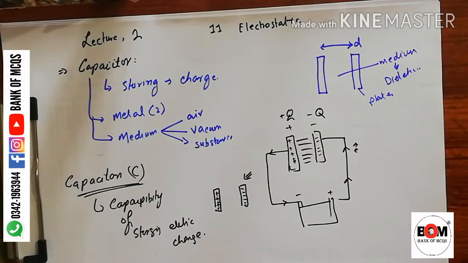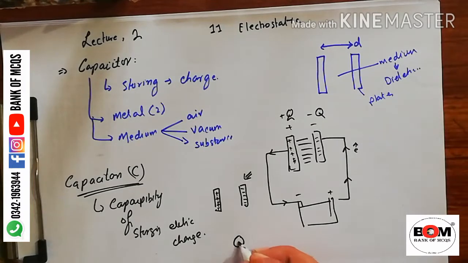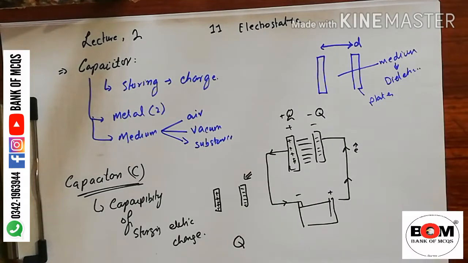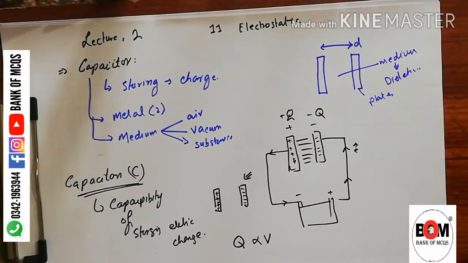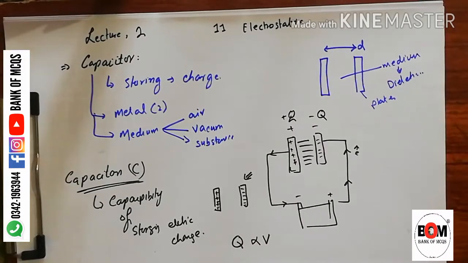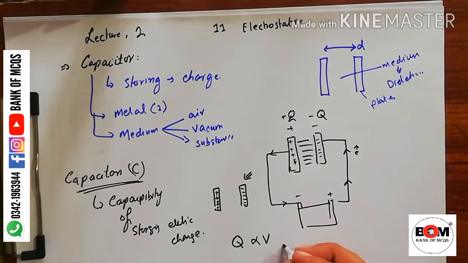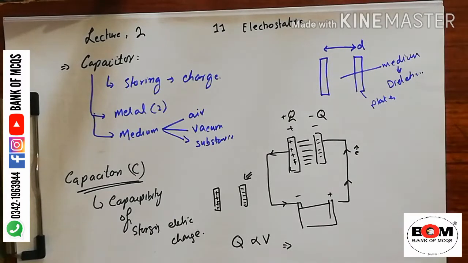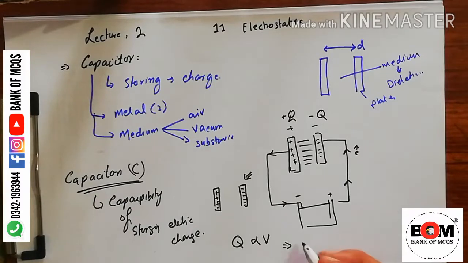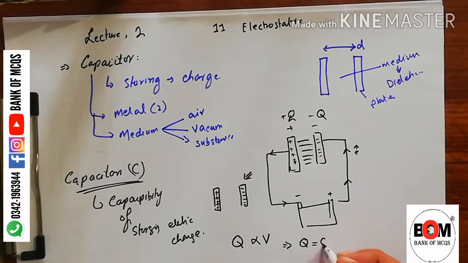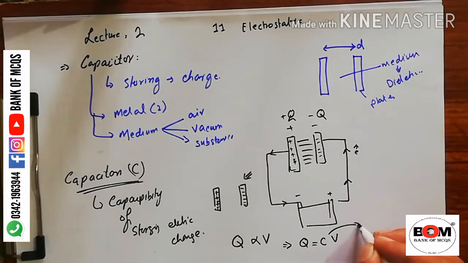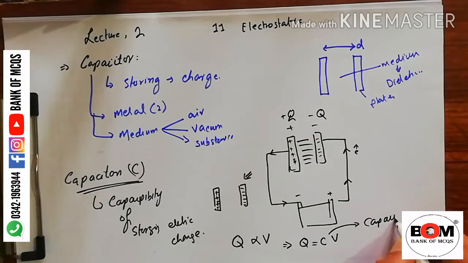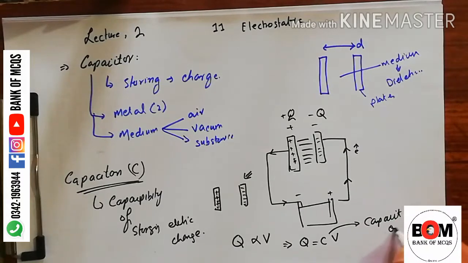In other words, the charge Q on the plates is directly proportional to the voltage. By putting in a proportionality constant, Q is equal to CV, where C is a constant we call the capacitance of the capacitor.